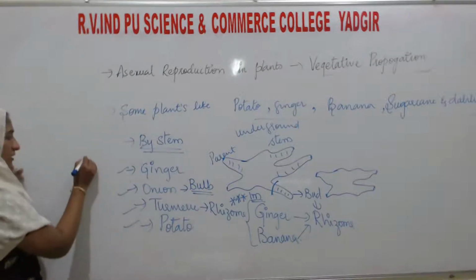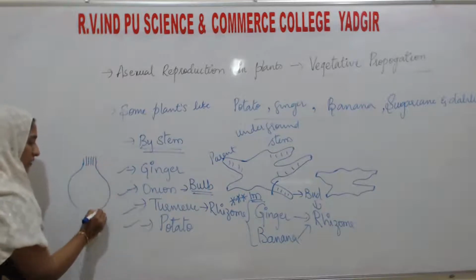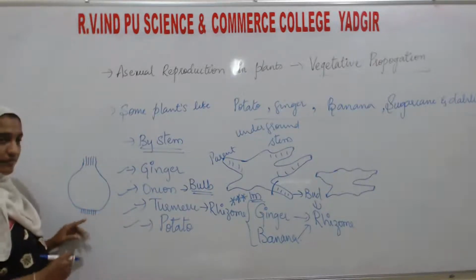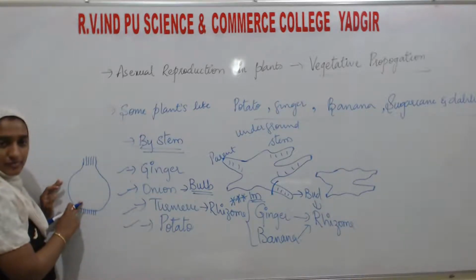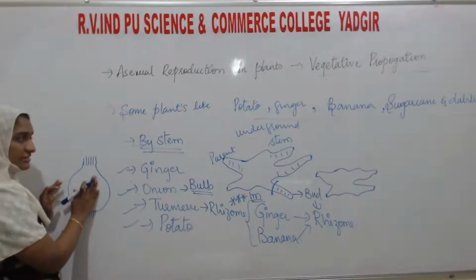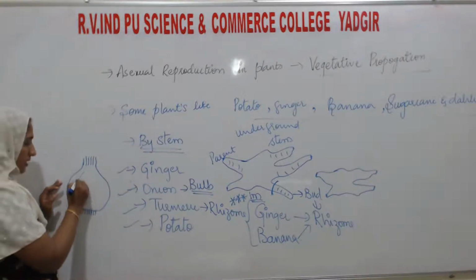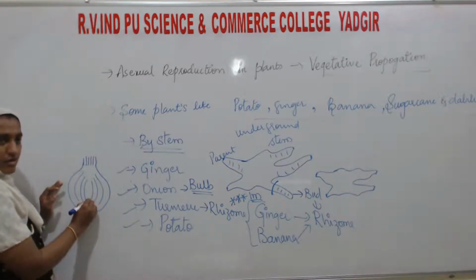Here onion is also one of the underground stems. These are the roots, and this stem is modified for the storage of food. This stem is the underground stem, just like ginger. Here this stem will have layers.